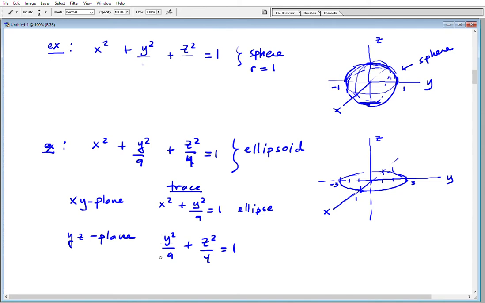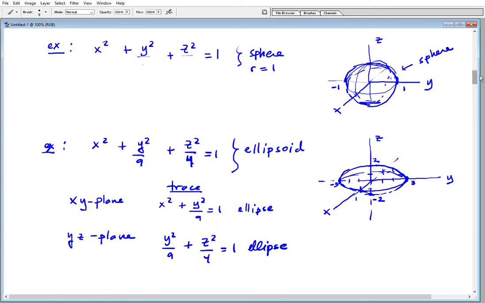Again, another ellipse. The y-intercepts are 3 and minus 3, same as here. The z-intercepts are 2 and minus 2. I think that's enough. We don't have to graph any more. We get the picture. That's the trace right there, another ellipse. That's 2, and then minus 2 goes down here. So we get the picture: basically a football on its side.